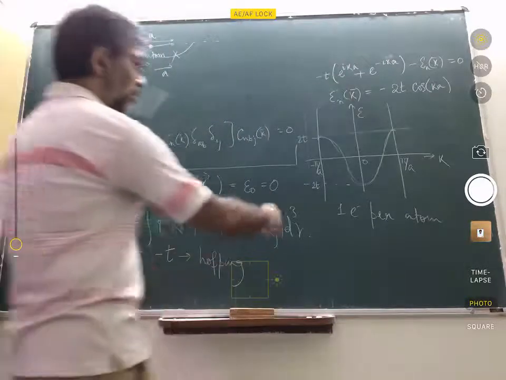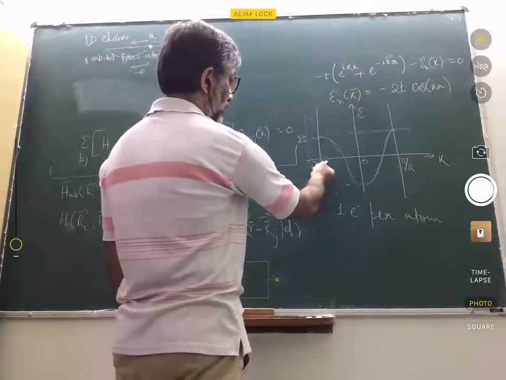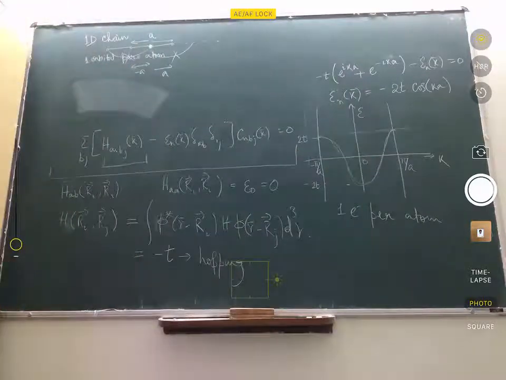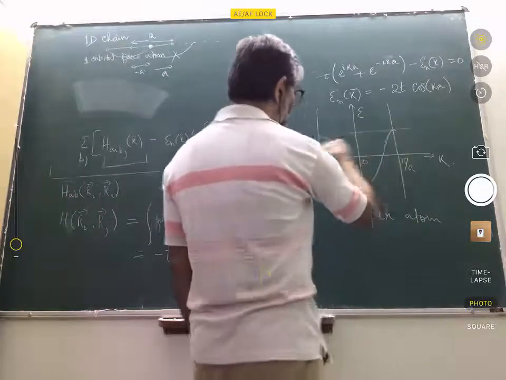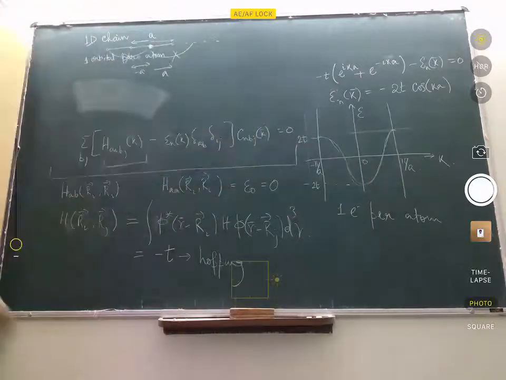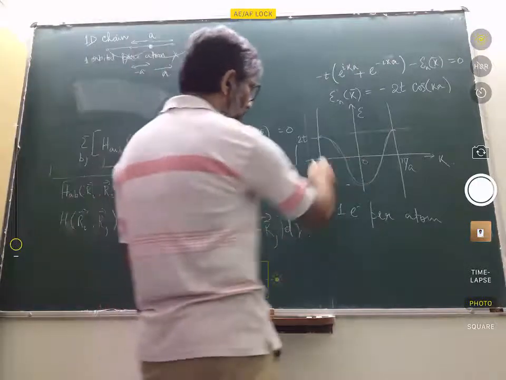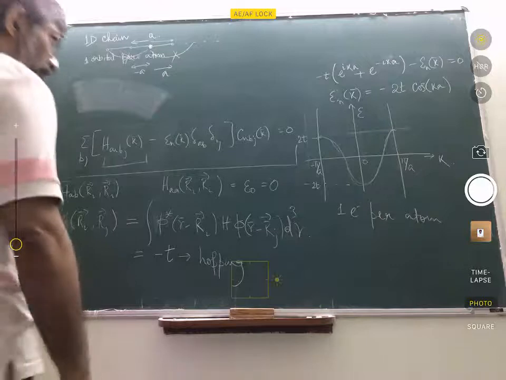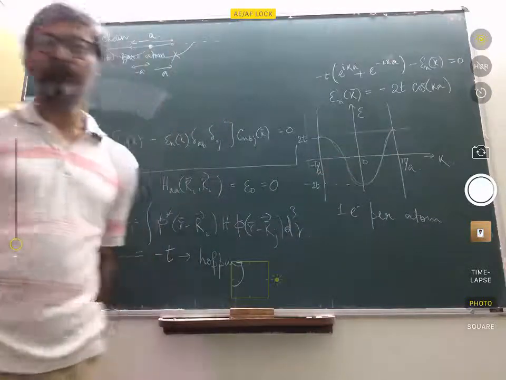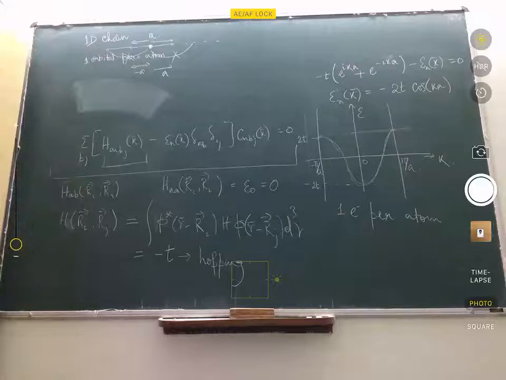Because the number of k states within the Brillouin zone is equal to the number of unit cells in my crystal. This is something I stated earlier. So let me remind you, the number of k states in a Brillouin zone is equal to the number of unit cells you have in your crystal. So if you have n unit cells, there are n states in this. You can accommodate 2n electrons, but then you only have n electrons because there is only one electron per atom. So half the states will be occupied, half the states will be unoccupied. So you will have a metallic system.